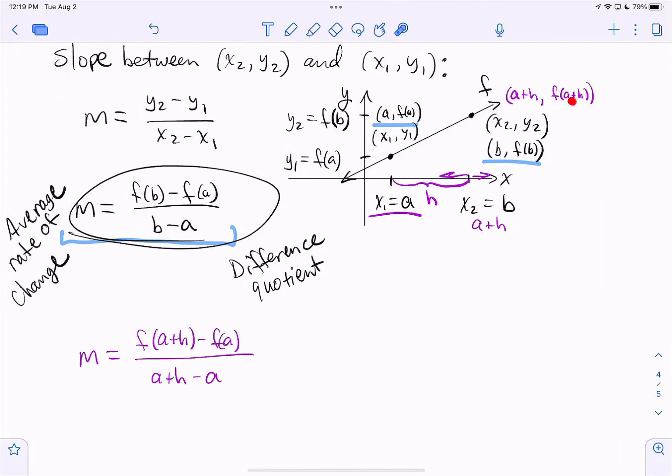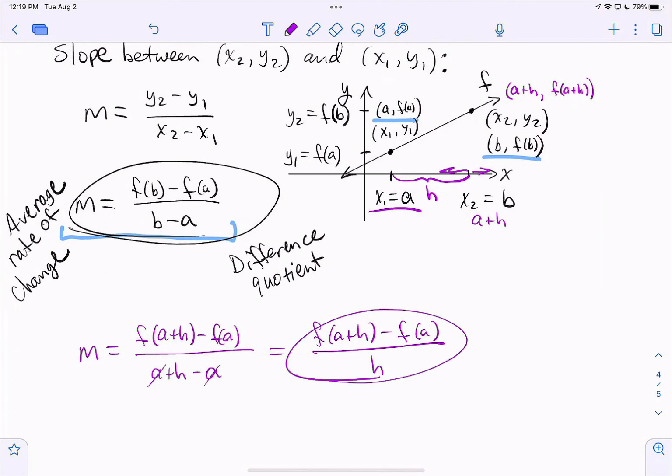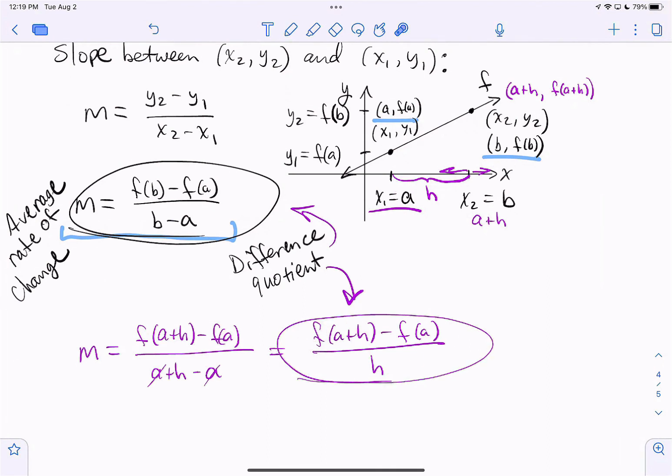Right, so it's f of a plus h minus f of a divided by a plus h minus a. This thing simplifies, at least in the denominator. And I have f of a plus h minus f of a divided by simply h because the a's subtract out. This is another difference quotient. So now I'll draw arrows saying we have these two difference quotients.